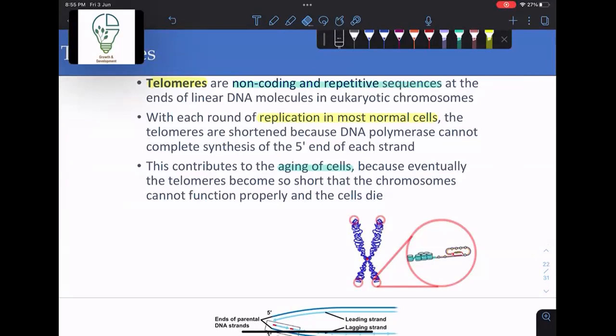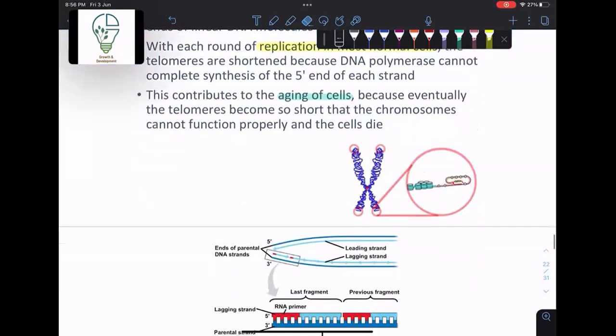So every time they get shorter with replication, you can see that as the person ages, their telomeres become shortened. Some scientists hypothesize that we can stop the process of growth and aging in humans or animals if we preserve the telomeres, but unfortunately that can't happen.